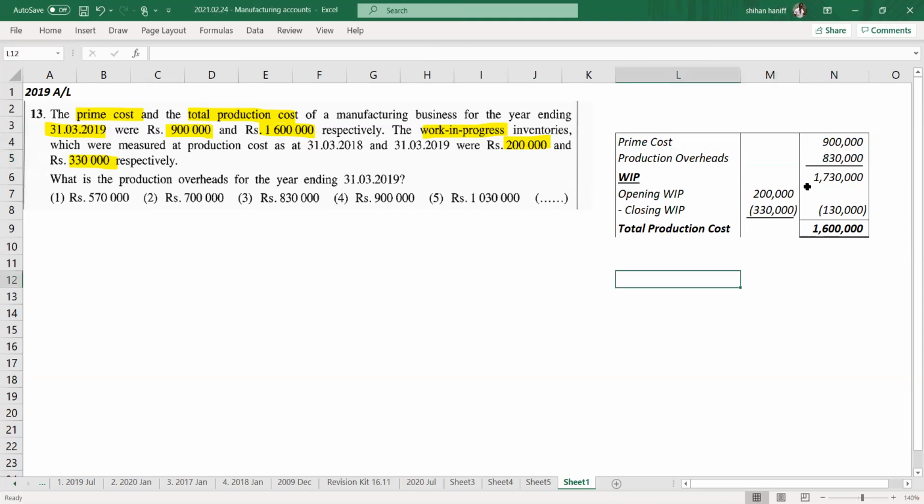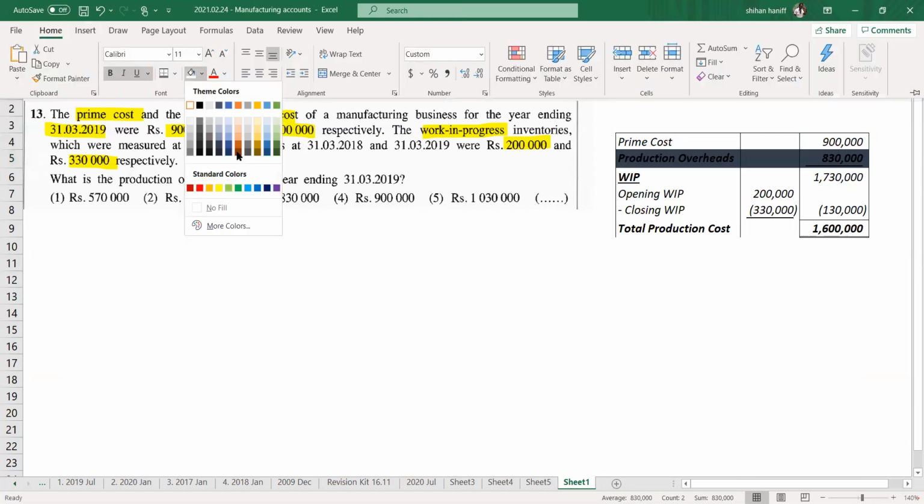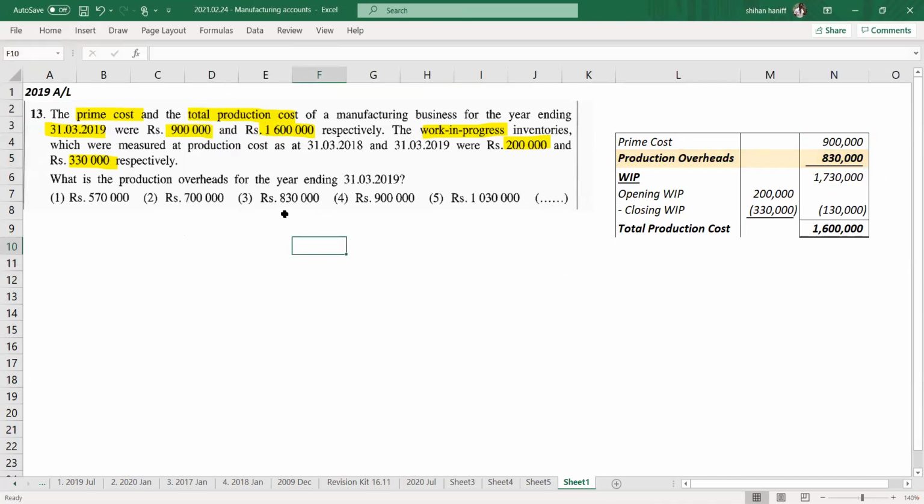Production overheads is 830,000. Yes, 830. Any doubts?